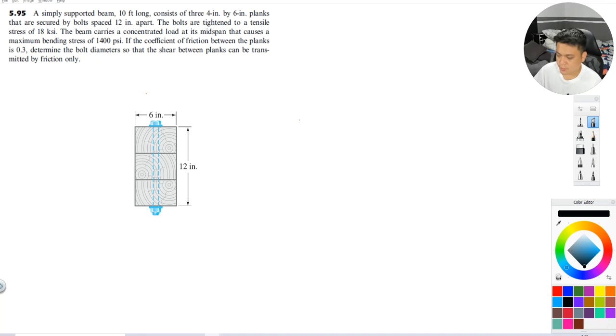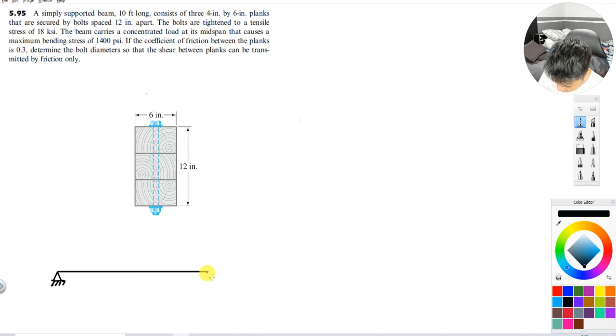Okay, so let's have this problem. A simply supported beam 10 feet long. Okay, so drawing na natin. So I have here a simply supported beam. And then again, you have there 10 feet long.